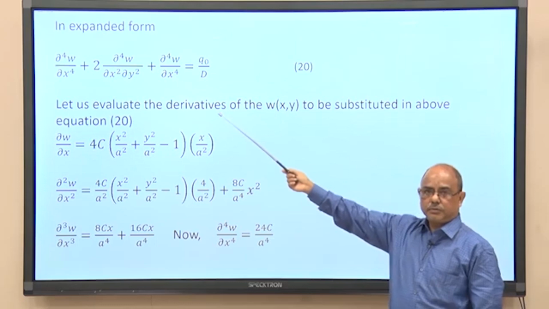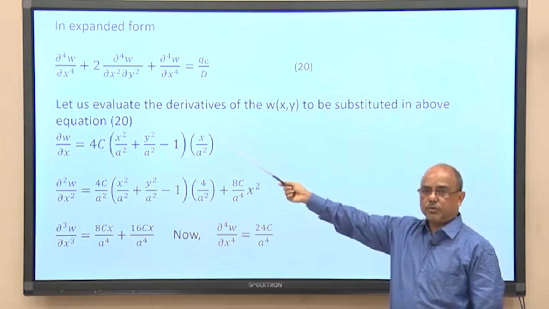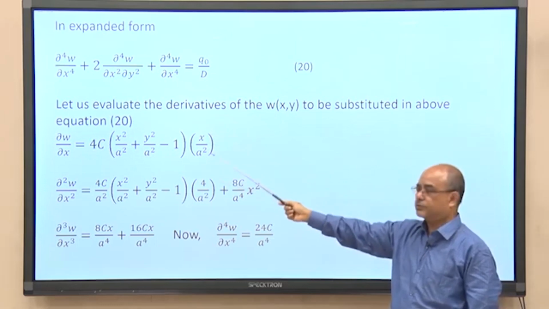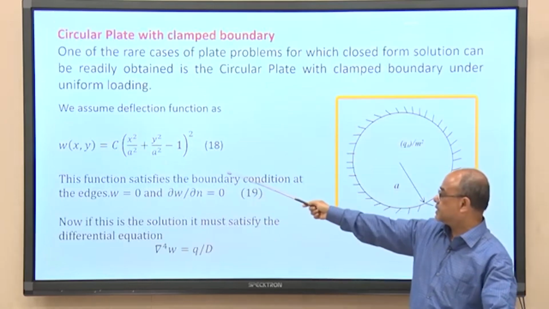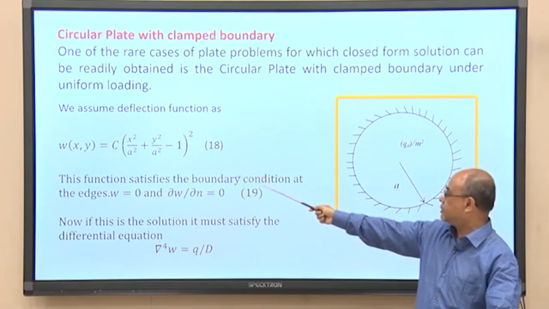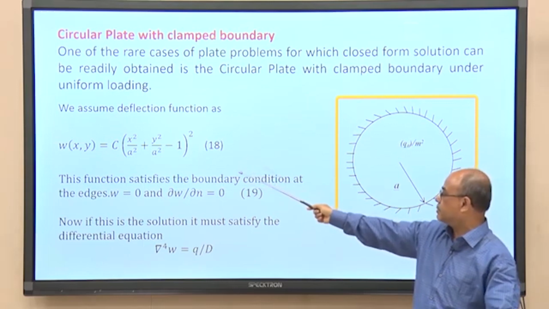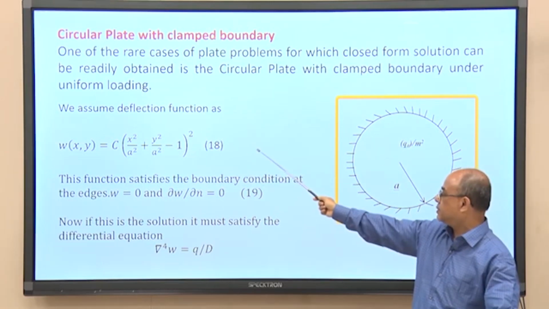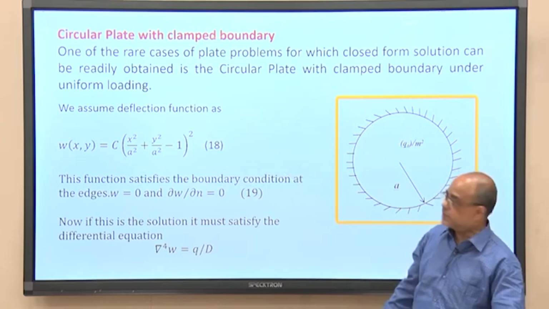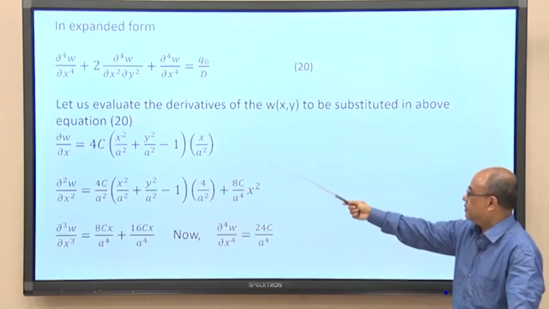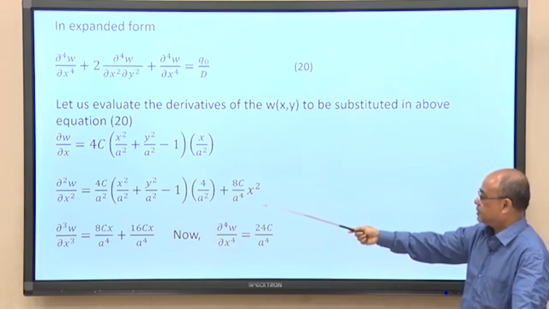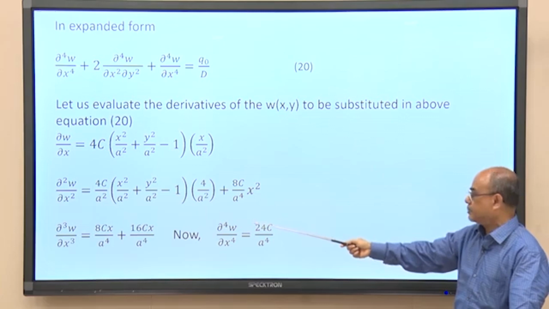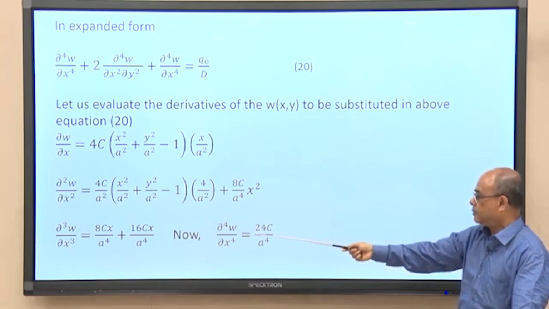Now, you require here to evaluate or know the derivatives up to fourth order, because the expression is given for w as c into x square by a square plus y square by a square minus 1 whole square. So, you can successively obtain the derivatives: del w by del x, del square w by del x square, del cube w by del x cube.